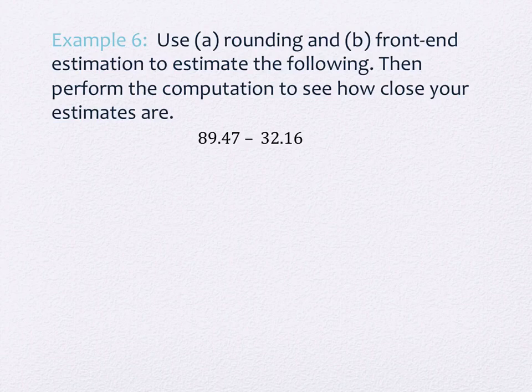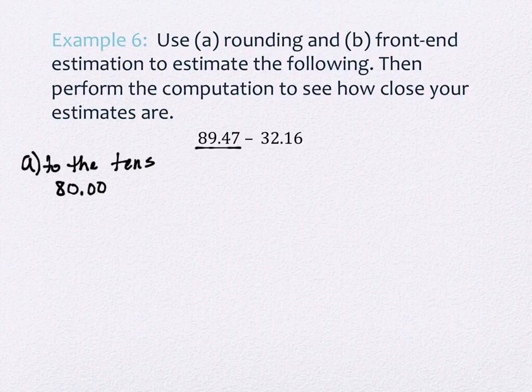So we're going to first make the decision that we're going to do front-end estimation to the tens place. Okay? This is our pick. We're going to do the tens place. We're going to do the units place in a moment just because I want you to see another option. But if we did this to the tens place, what that means we do is we take this number 89.47, we keep the tens place, that's the 8, and everything else zeroes out.